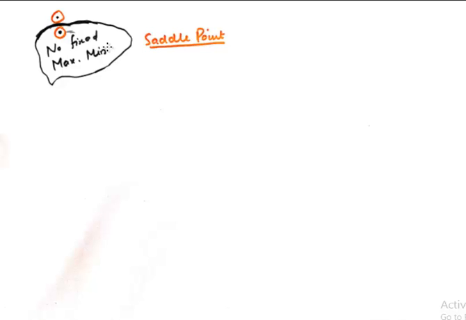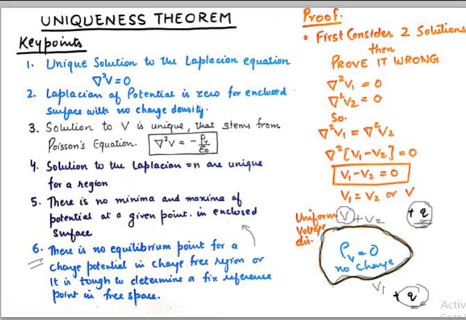So there is no fixed maxima and minima because of the absence of the reference point, and the point which is devoid of any maxima and minima is known as a saddle point. These two arguments are more than enough to understand the physical interpretation of the uniqueness theorem, which conforms to both the Laplace equation and Poisson's equation.